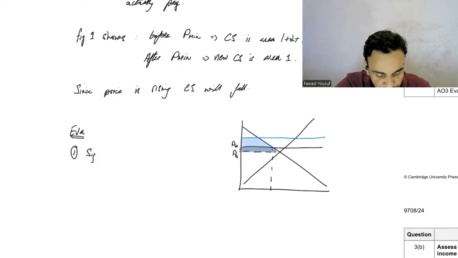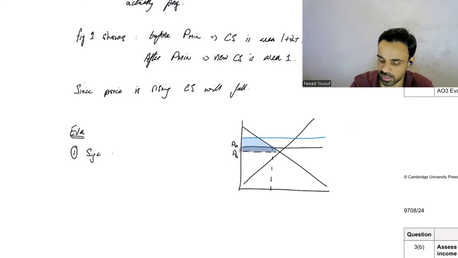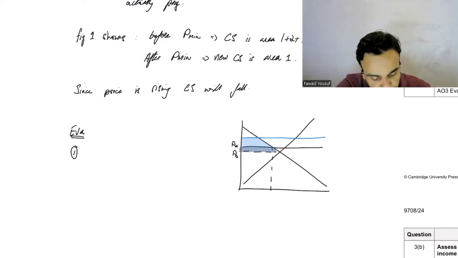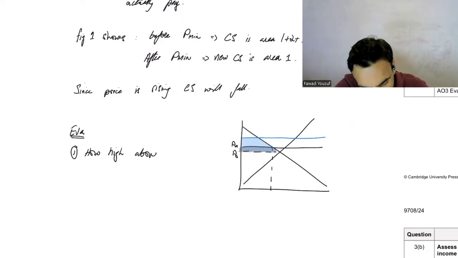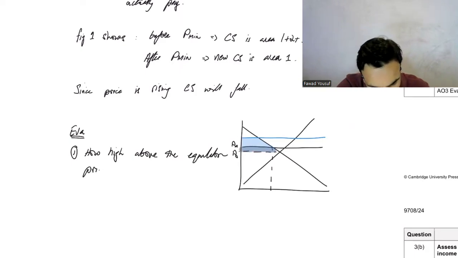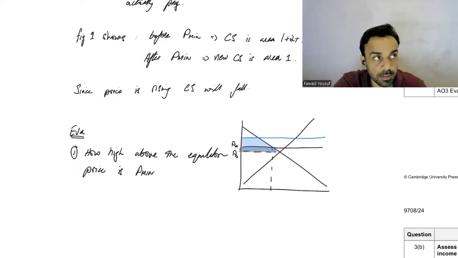So in our evaluation, the first thing that you can definitely talk about is, sort of like, how high above the equilibrium price is the minimum imposed, you know?